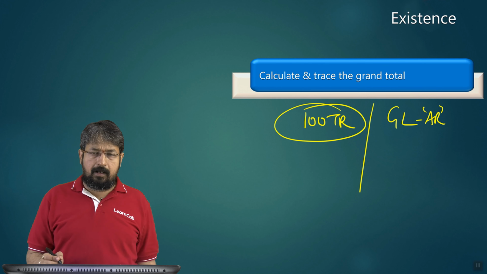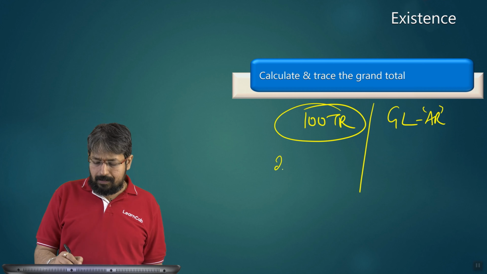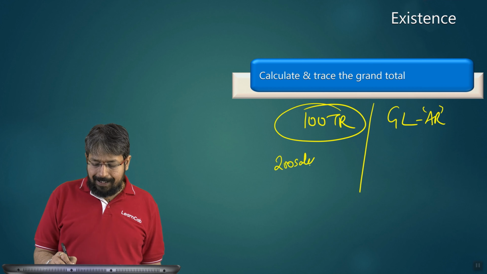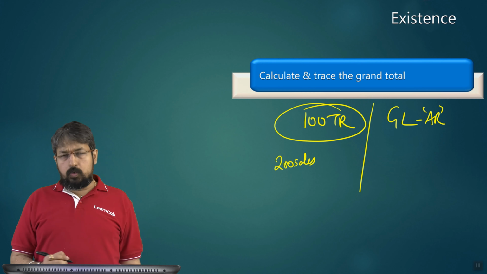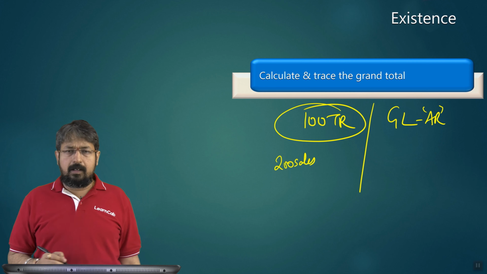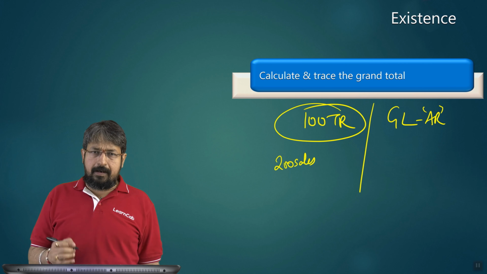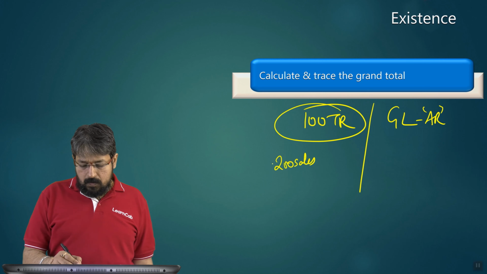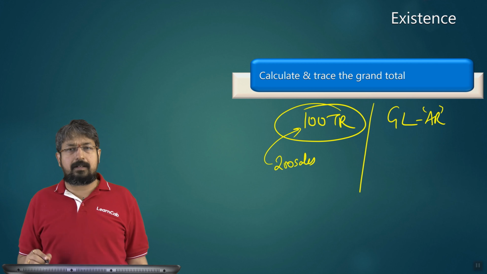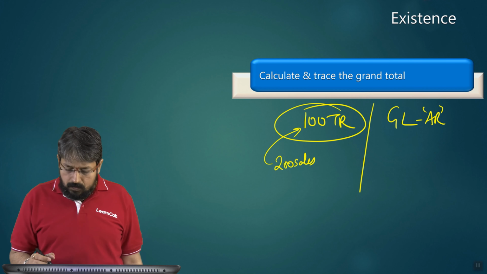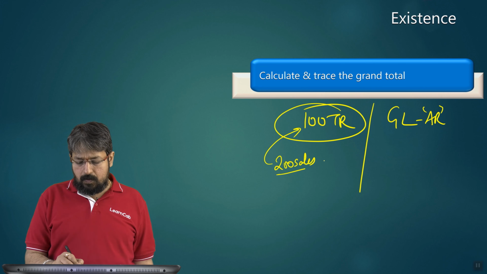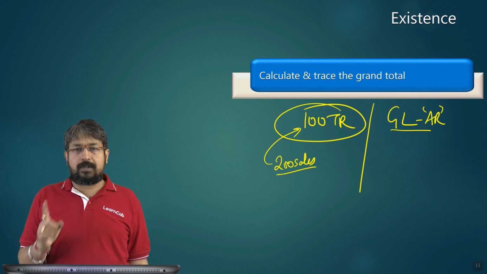See, for example, we made 200 sales in a day. 200 sales were made in a day, 100 may be cash and 100 may be to these customers. So these 100 accounts are straight away getting updated. The same entries are also updated in the GL as one single entry.